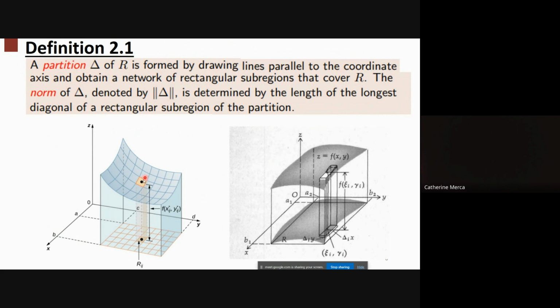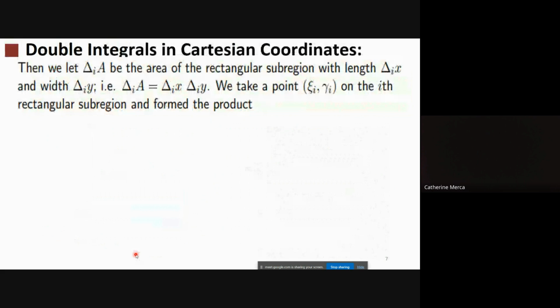So if we take the summation of all of these parts, then we take all of the subregions, subintervals, and come up with the interval from a to b, or from c to d. So the entire thing. Remember that this is just a sub 1, b sub 1, meaning those are these small subintervals there.